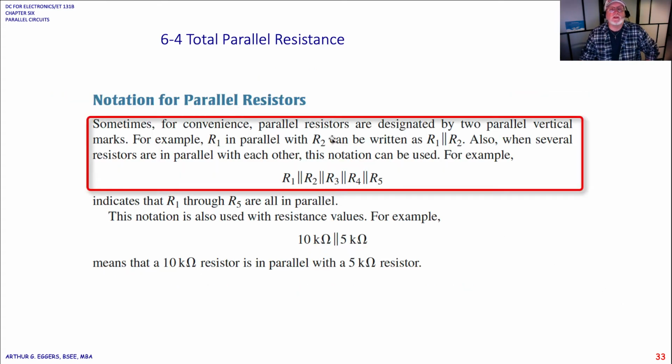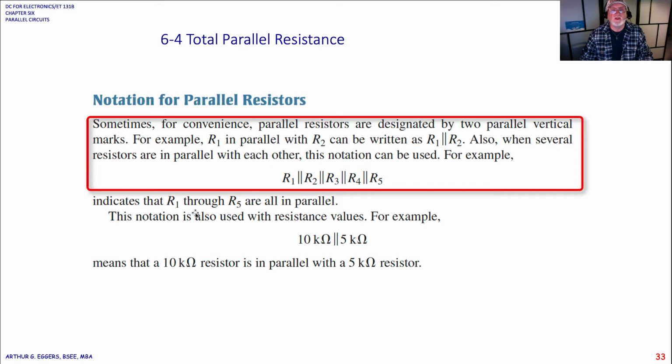Notation for parallel resistors. Okay, this is just a simple way of writing down, instead of writing down all of those long equations, those inverse relationships. If I know I have R1, R2, R3, R4, and R5 are all in parallel, I can use this notation, the two parallel bars in between each one. And it's telling me that all of these are in parallel.